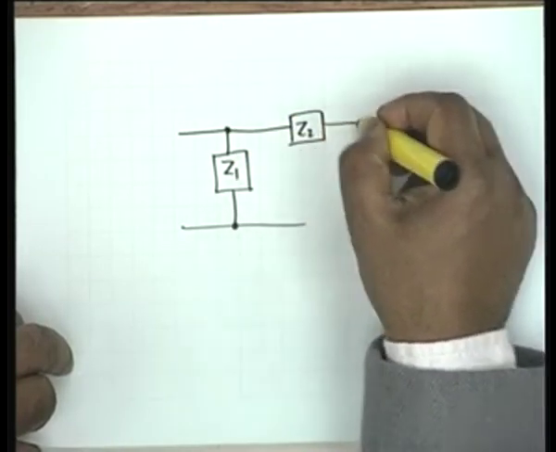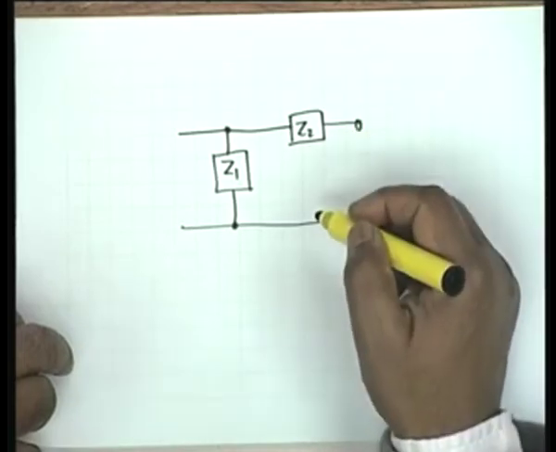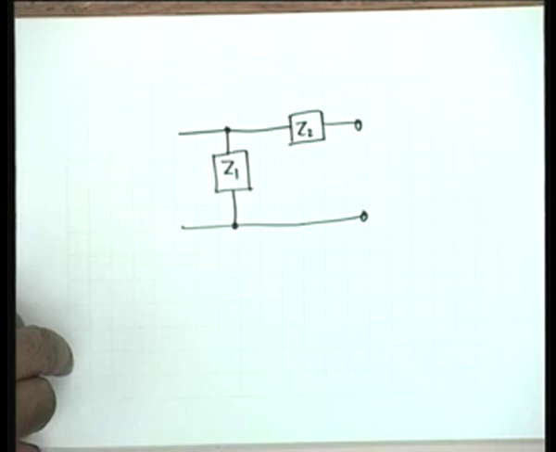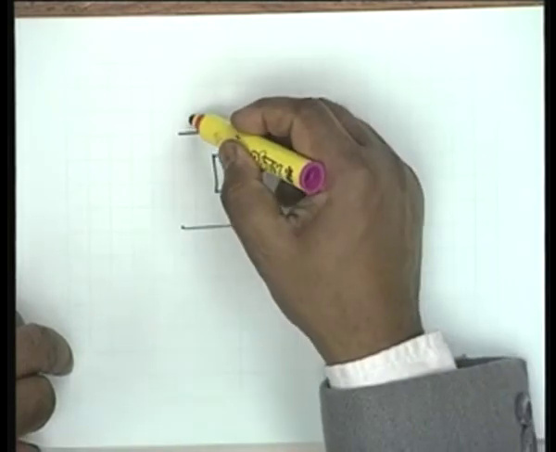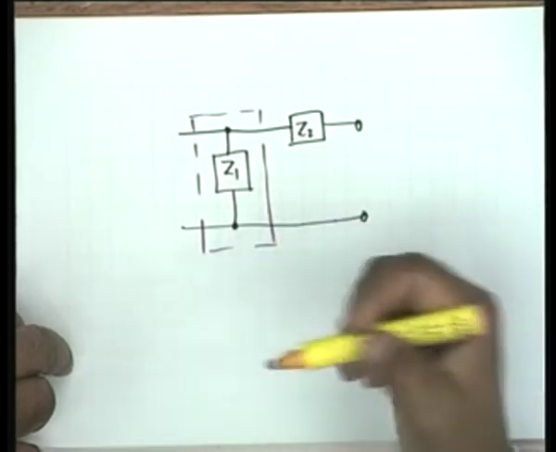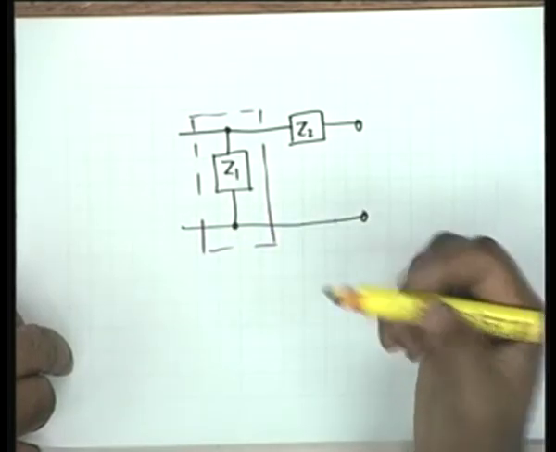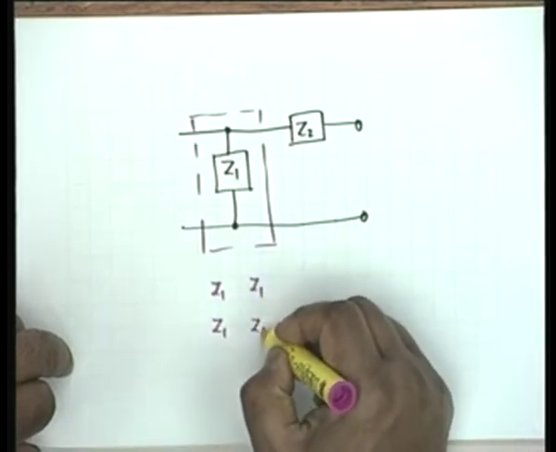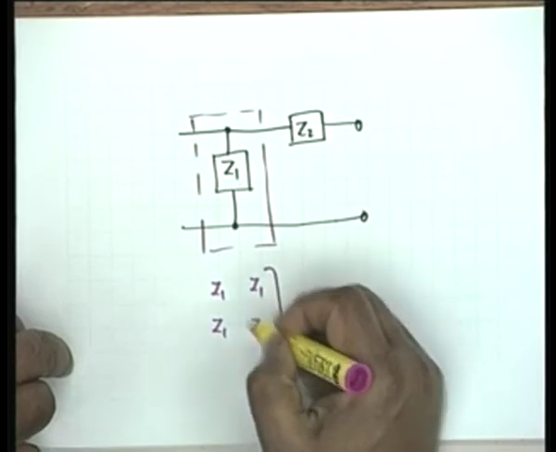Okay, I can look at this network as this network, let me use a different color. I can look at this network as this network which we have already solved, whose Z parameters are Z1, Z1, Z1, Z1. Agreed? These are the Z parameters?